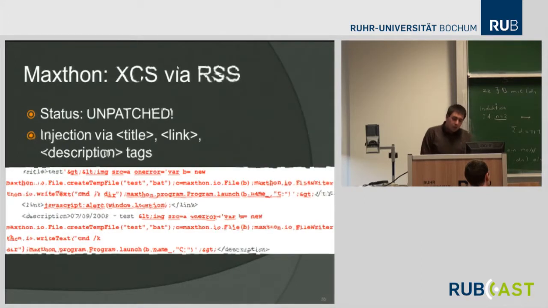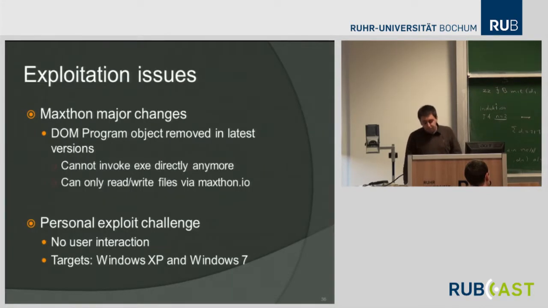So, in terms of exploitation, I said before there were 25 releases, but something has changed since I presented. They changed things in a way that made my life more difficult, because before there were ways to invoke some APIs in Maxthon to directly launch an executable.